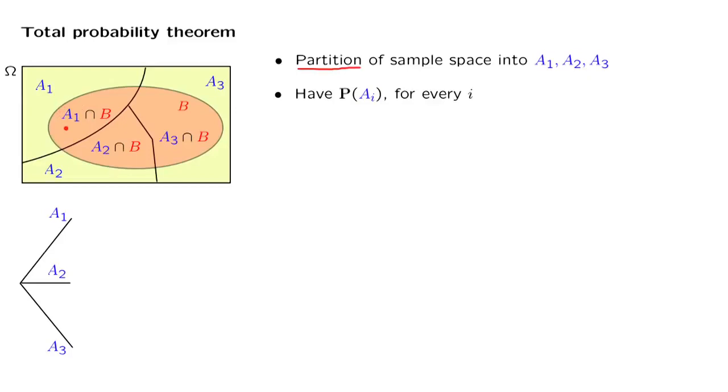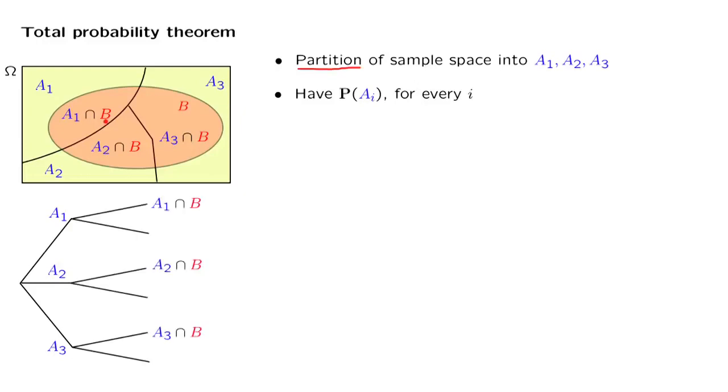So for example, this is the event where scenario A1 happens, and then event B happens as well. In terms of a tree diagram, the picture becomes as follows. If scenario A1 materializes, event B may occur, or event B might not occur. Finally, we are given conditional probabilities that event B will materialize under each one of the different possible scenarios.